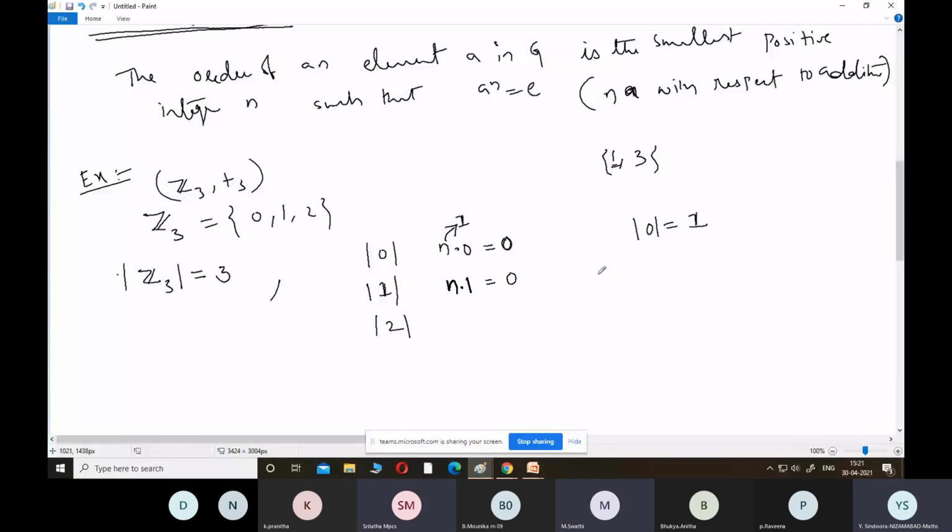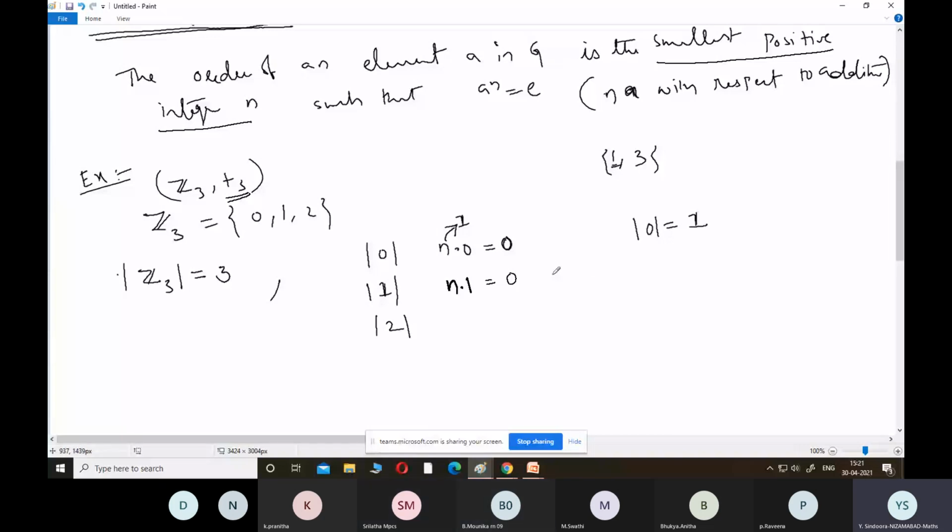0. Positive integer. I told you, in the definition we should have the smallest positive integer. It should be positive. What should I put in place of n so that it will become 0? Remember, the operation is addition modulo 3. 2. 2 into 1 is 2 for us, no?